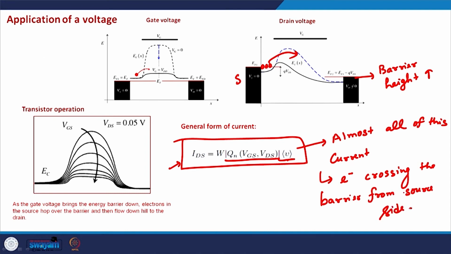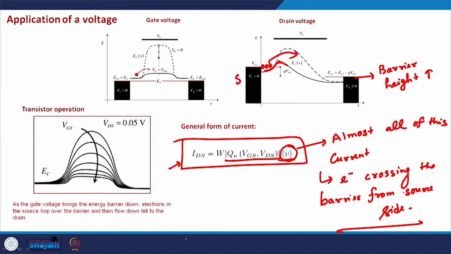Please keep this in mind. Here we have written the average velocity, but if we try to understand the velocity of electrons crossing the barrier from the source side, in the beginning they encounter the peak of the barrier. What is the electric field at the peak of the barrier?